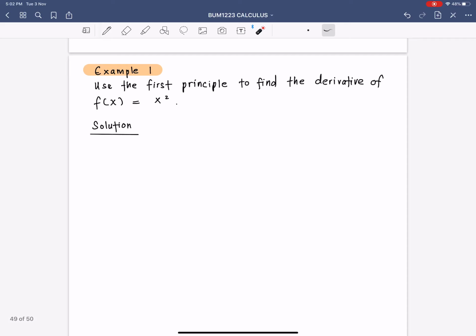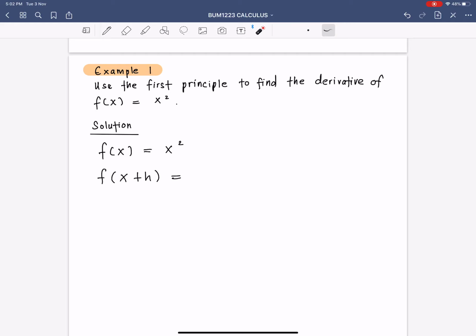Let us consider the first example. Use the first principle to find the derivative of f(x) equals x squared. So you have f(x) equals x squared. The second step, you need to write the expression for f(x plus h).